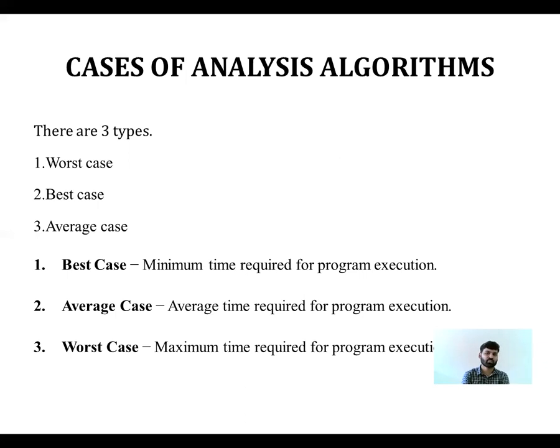If it requires the maximum number of steps, then it is called the worst case. And if it requires average steps to solve that problem, then it is called the average case. These are the various cases to analyze the algorithm.